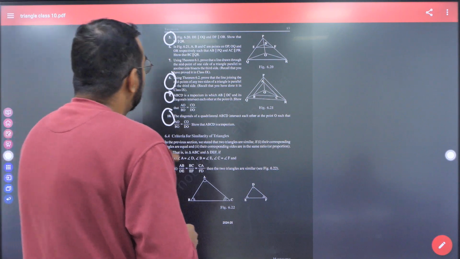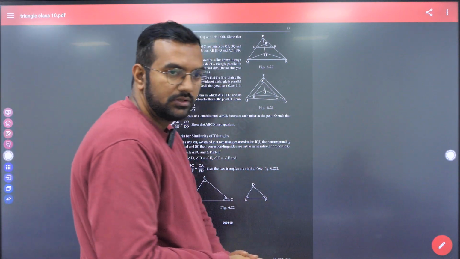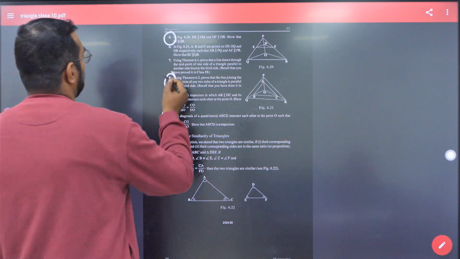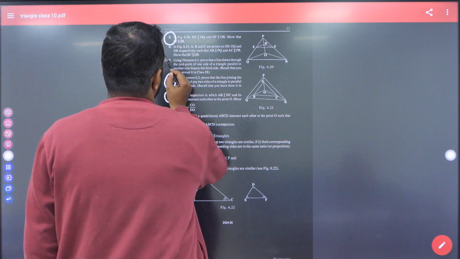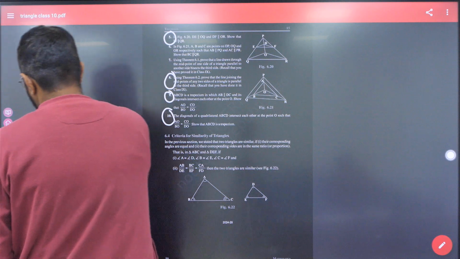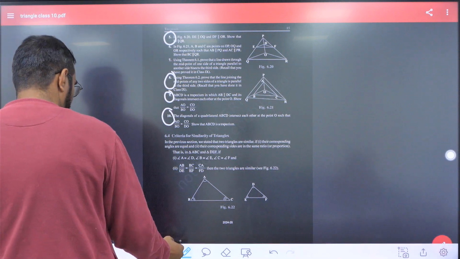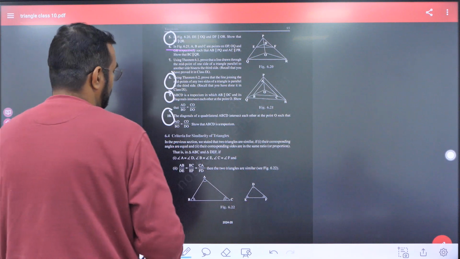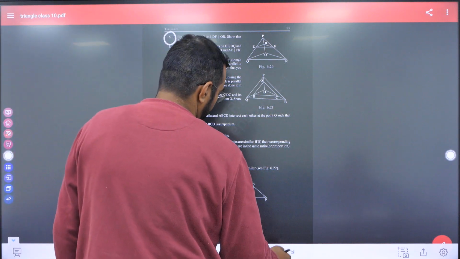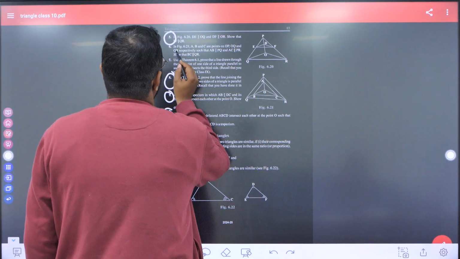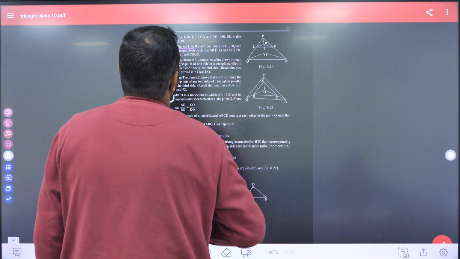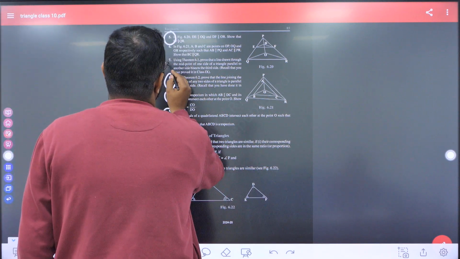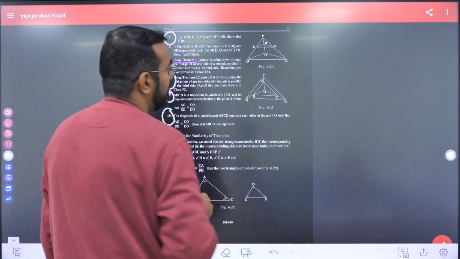Beta, let's move to question number 7. Using theorem 6.1. What is theorem 6.1? Basic proportionality theorem. What is the basic proportionality theorem?